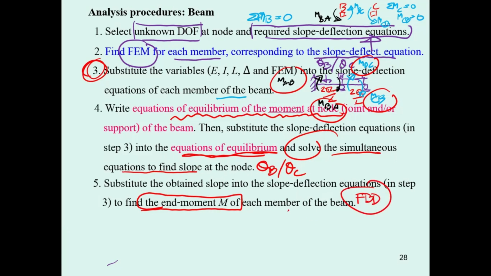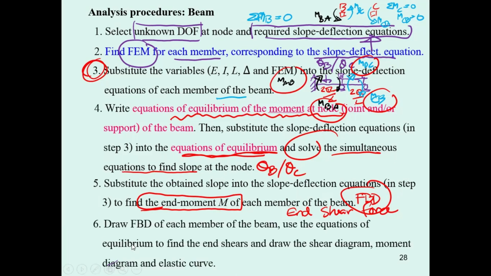And then later, you will determine end shear force by using the equation of equilibrium. Okay, and then following the end shear, you draw the shear force diagram, you draw the bending moment diagram, you draw the elastic curve.